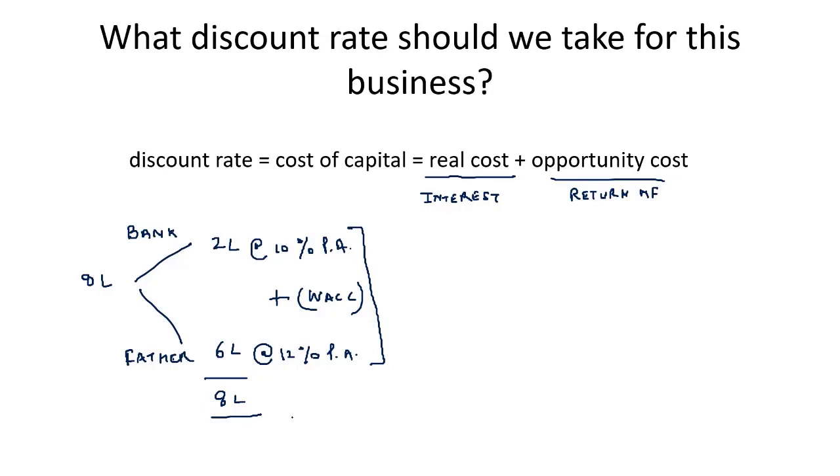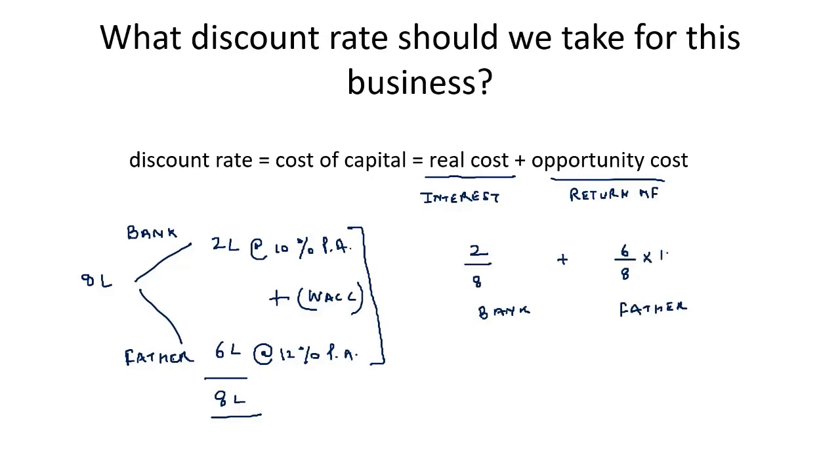We know the cost is 10% and 12% respectively, but the weights are different. What we are taking from the bank is 2 lakh rupees out of the total 8, and from father we are taking 6 lakh rupees out of the total 8. Right? So this is how much you are getting from your bank, and this is how much you are getting from your father.